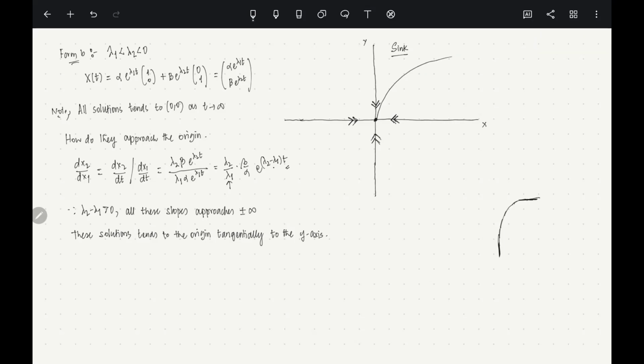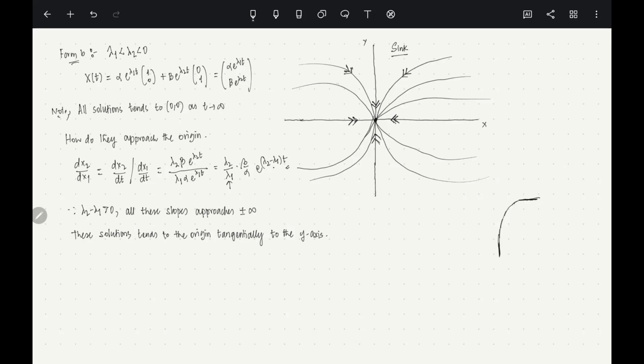And similarly this, and similarly this. And similarly here, this also, this and this. Sorry, here you see, it is coming towards the origin. Everything is going towards the origin.